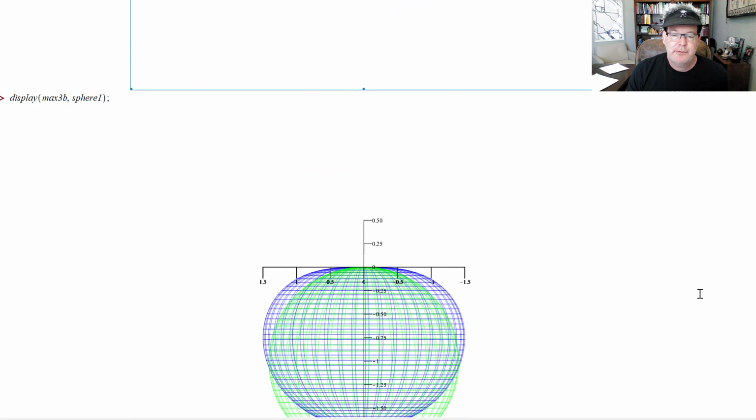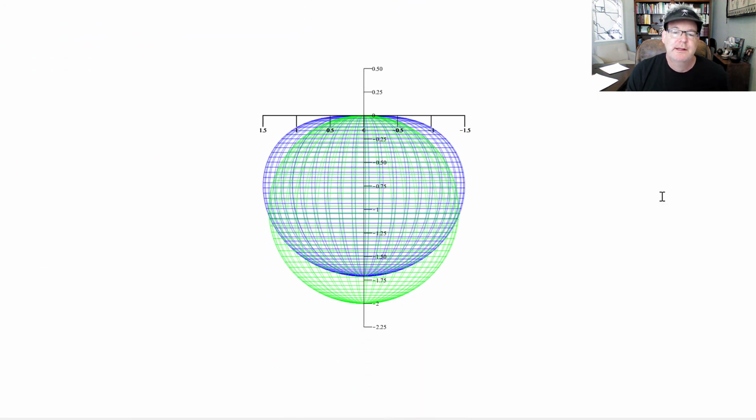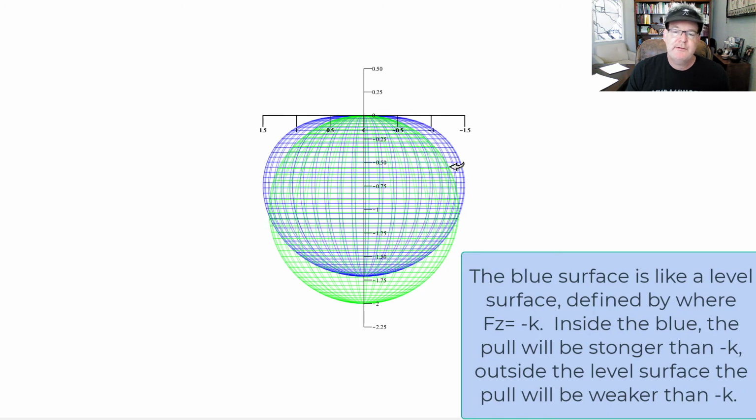So if I look at them both together, it looks like this. So here's the max pull in blue. So if I change the shape of this max pull in blue surface, then essentially what I'm doing is taking mass from inside of the surface and moving it to the outside. But mass inside will have a stronger pull. It's going to be closer to the origin.